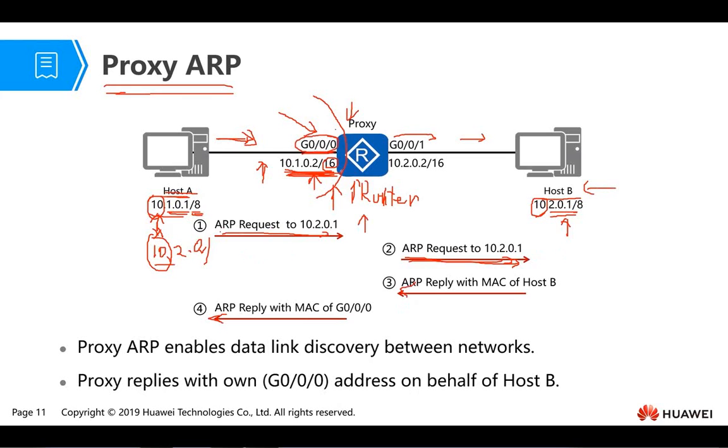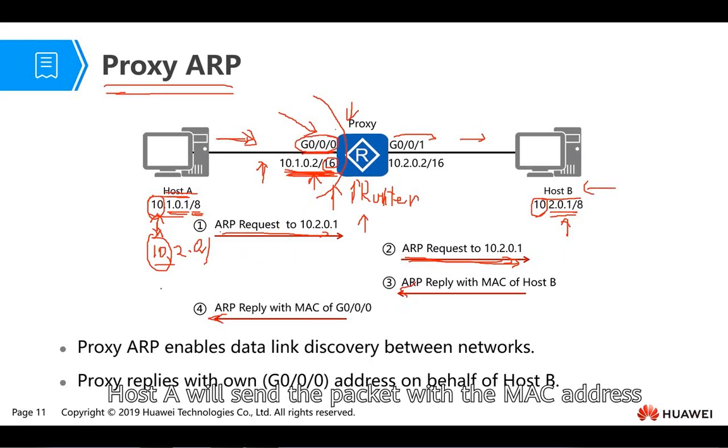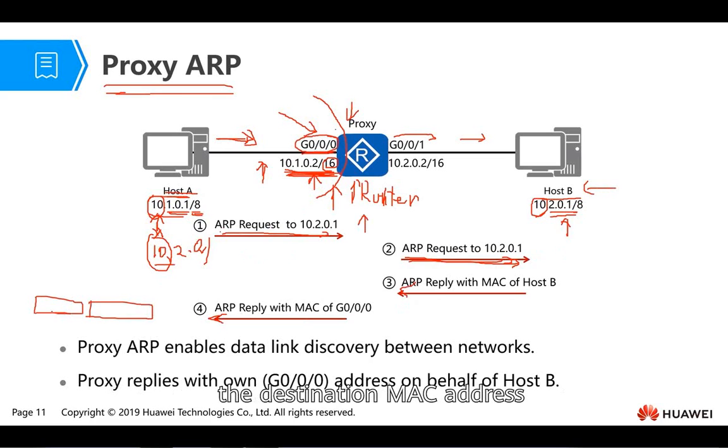So after that, host A will send the packet with the destination MAC address being the G0/0/0 MAC address.